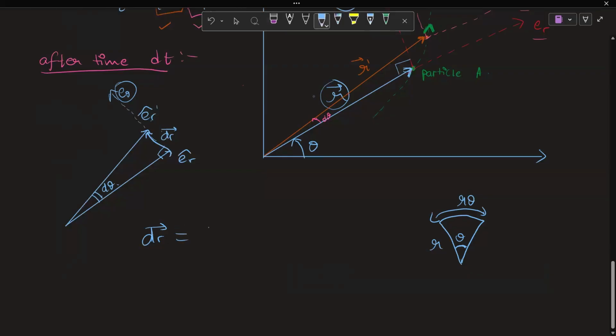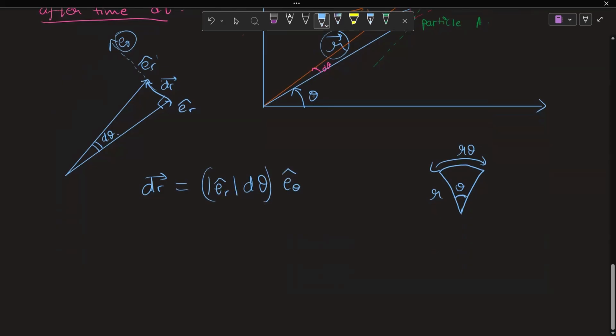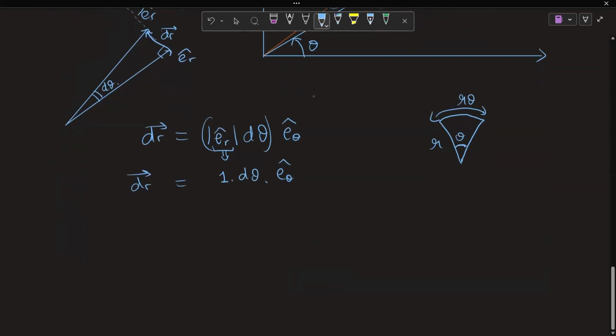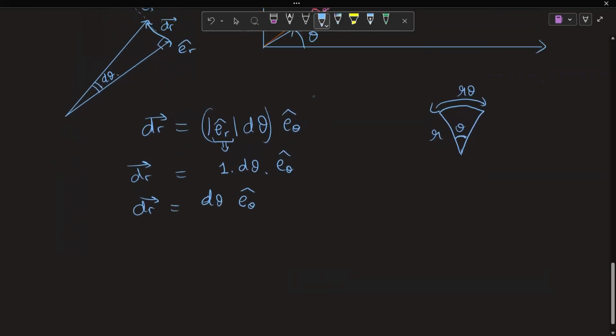The dr vector is equal to the magnitude of er cap into d theta, multiplied by the direction, because it is a vector, e theta cap, the unit vector along the direction of the dr vector. This is equal to 1 into d theta into e theta cap. So the dr vector is basically d theta into e theta cap.